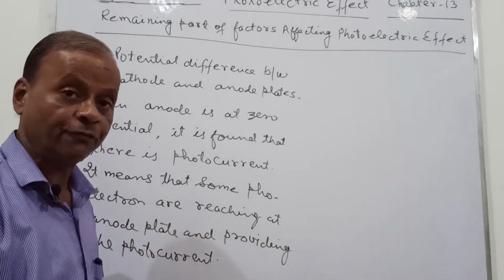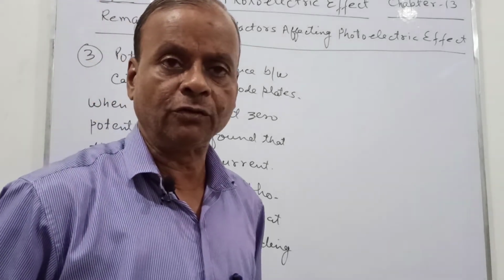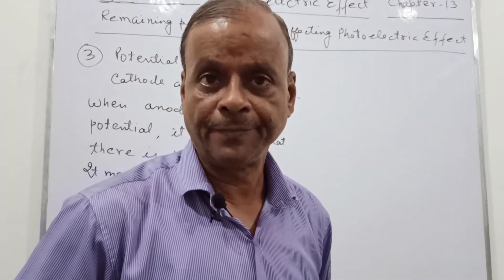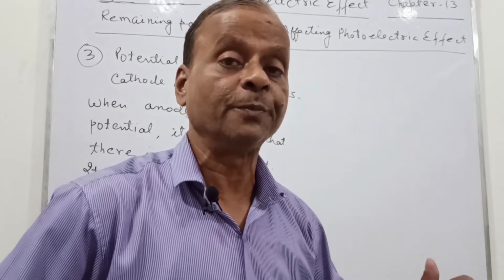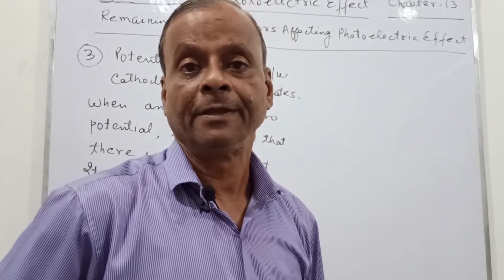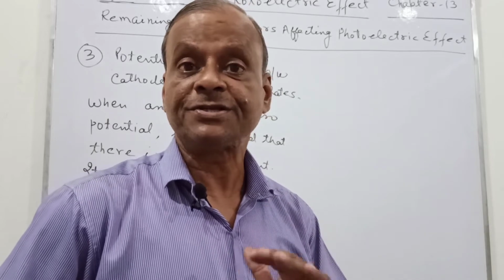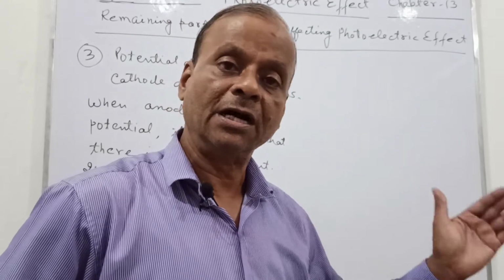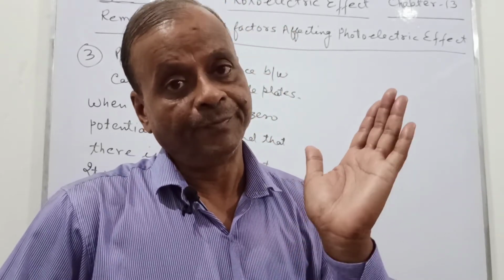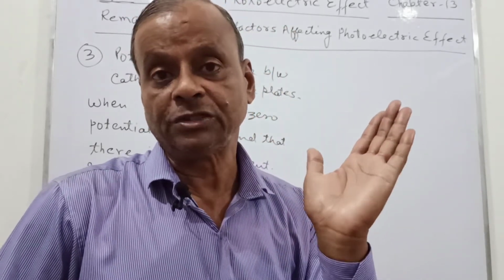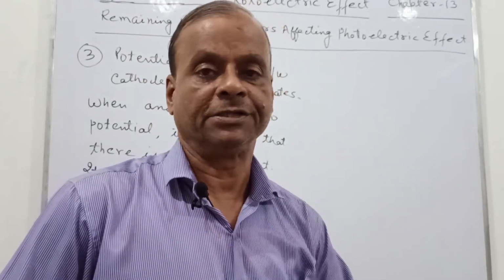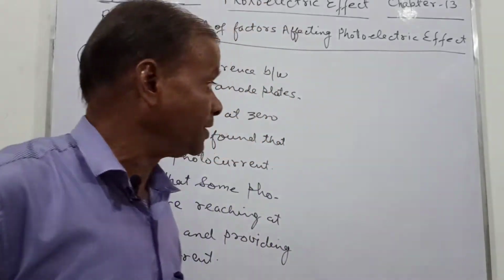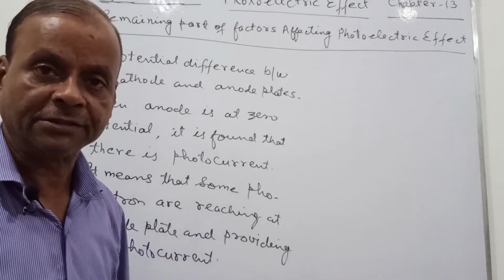Because if no electron reaches the anode plate, there will be no current at all. But it is being observed that when the anode plate is at zero potential, there is still photocurrent. It means that there are electrons of higher energy which are moving, so they are reaching the anode plate, and this is giving you the photocurrent. So at zero potential there is a photocurrent.